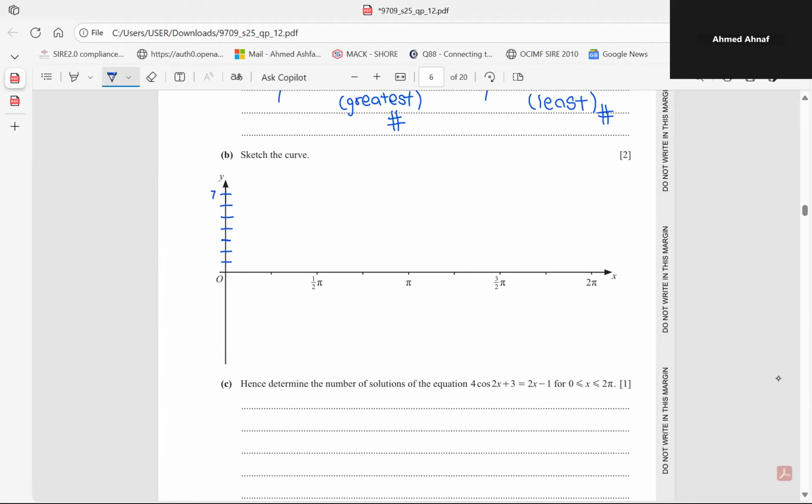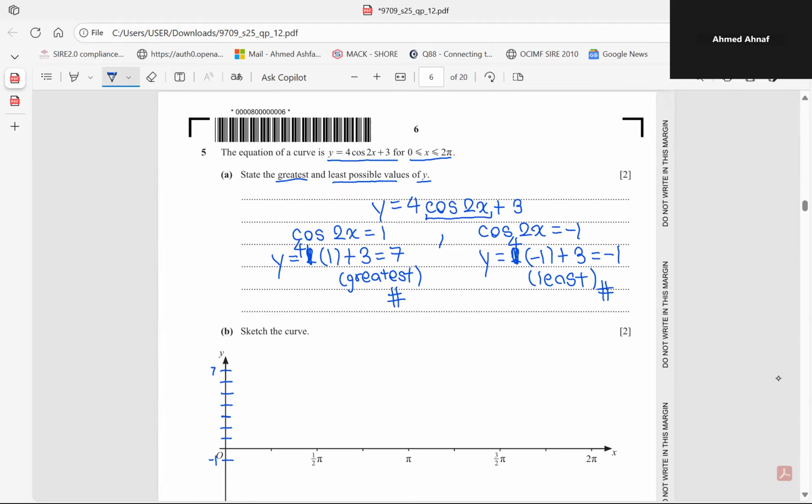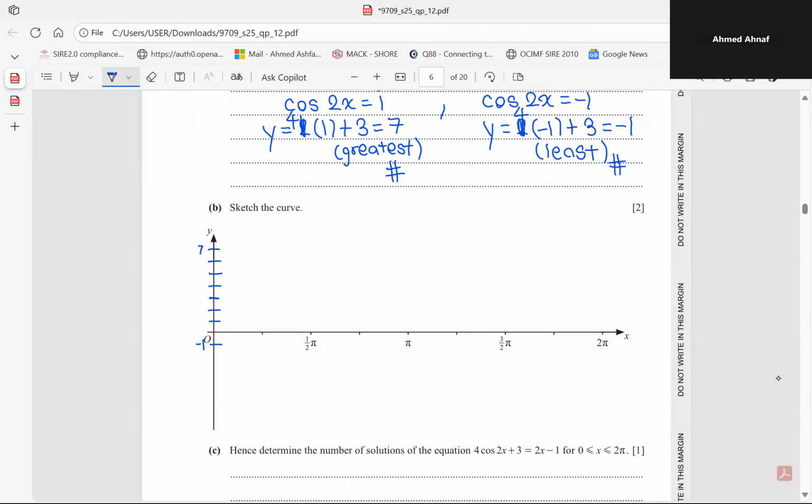So this is our maximum point, and minus 1 is somewhere here. So this is our minimum point. Okay, and now we're going to substitute values of x into the equation. So let's first substitute x equals 0. So 4 cosine 2 times 0 plus 3, that would give us 7.